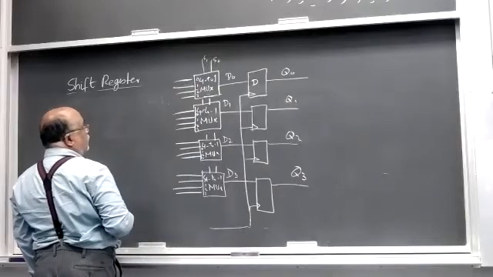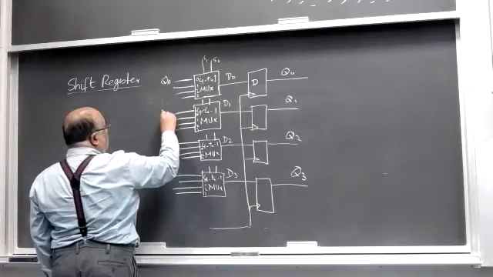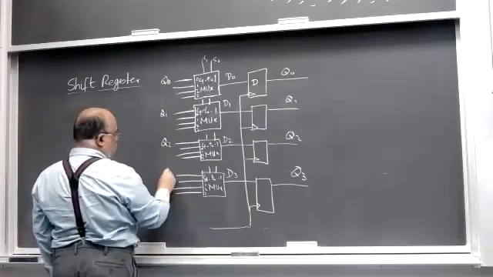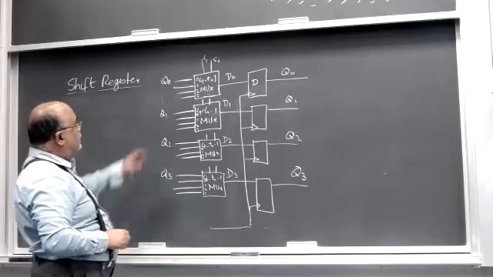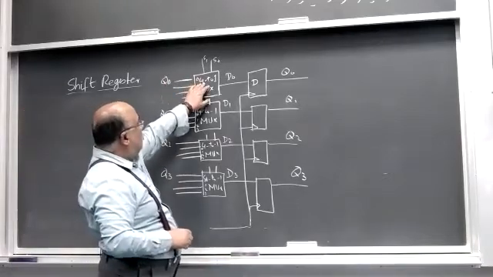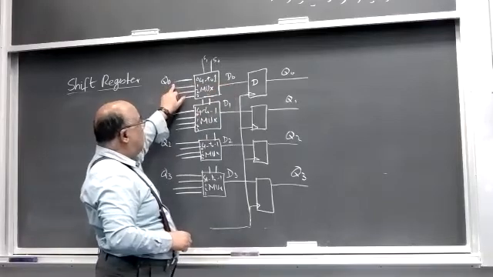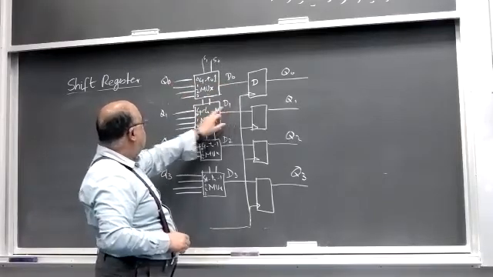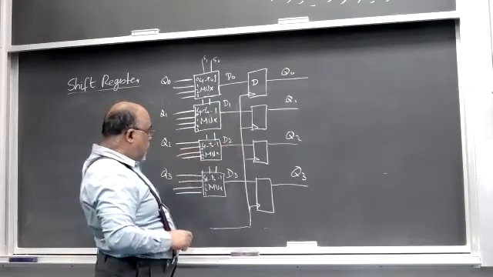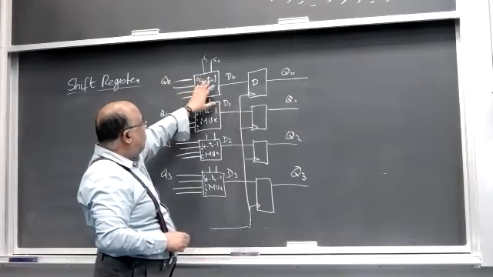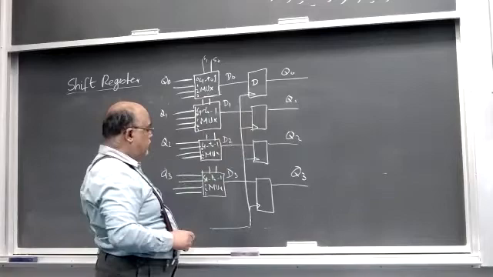On input number 0 we give Q0, Q1, Q2, Q3. Now what happens if the select lines are 0, 0? What will be D0? It will be Q0. What will be D1? It will be Q1. What will be D2? Q2 and so on. So when the select line is 0, outputs are going to be copied.